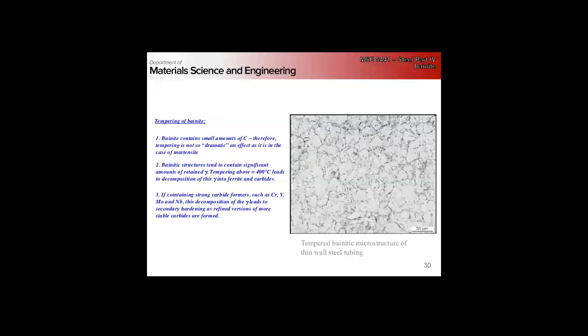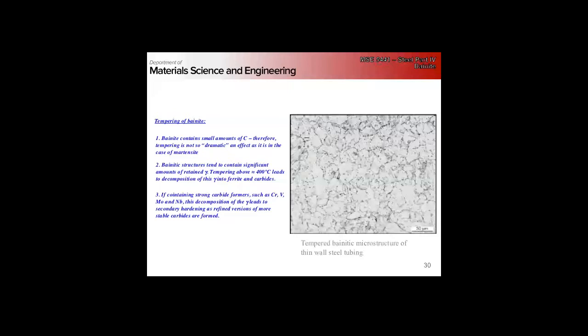So if we temper it at temperatures where we have mobility of our carbon, this will decompose this enriched austenite into ferrite and other carbides, right? Basically, we'll be like growing pearlite within our bainite, right?